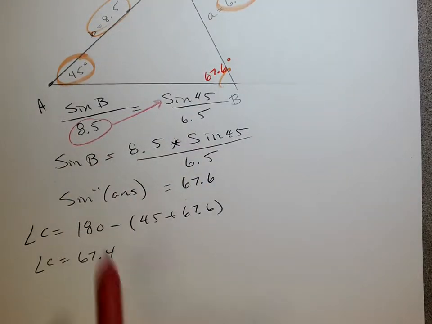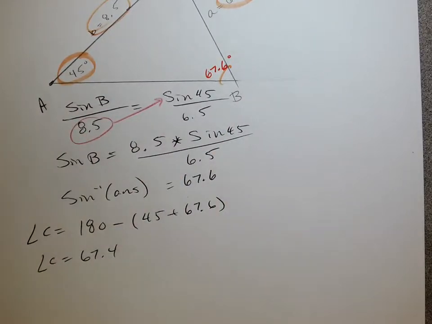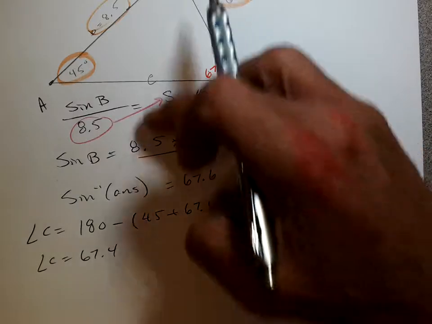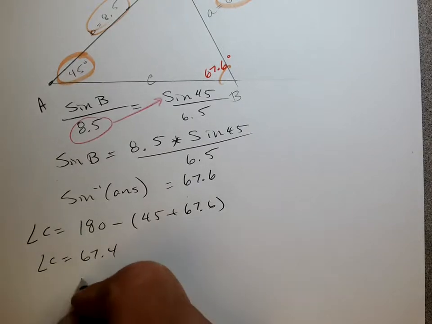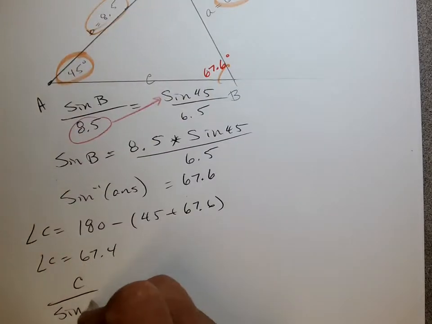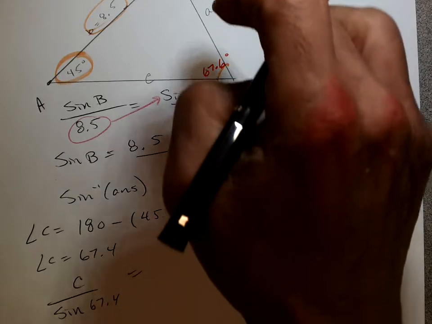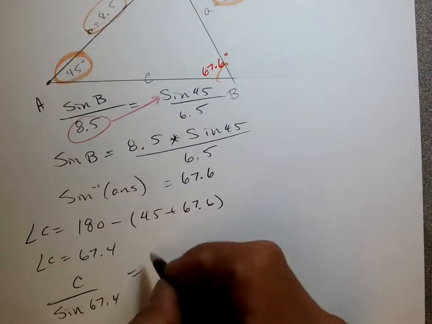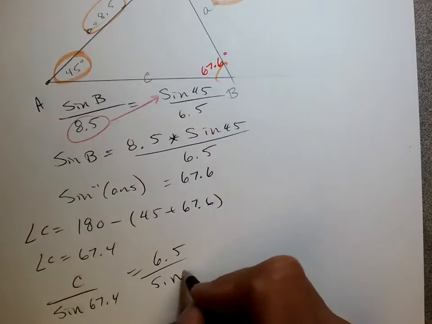And then finally, I've got to find little c, which is side C right here. Now the thing about side C is it has an opposite, right? If we've got opposites, let's just use our opposites. So I'm going to go little c over the sine of 67.4 equals 6.5 over the sine of 45, right?